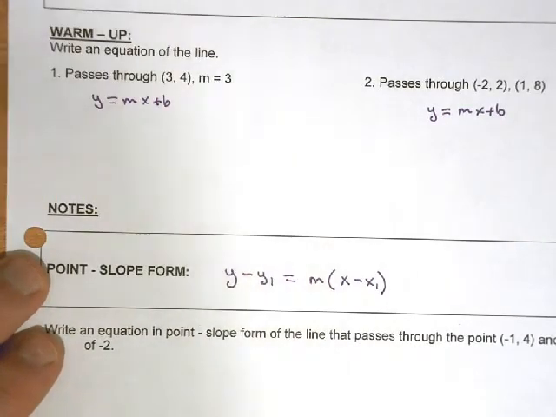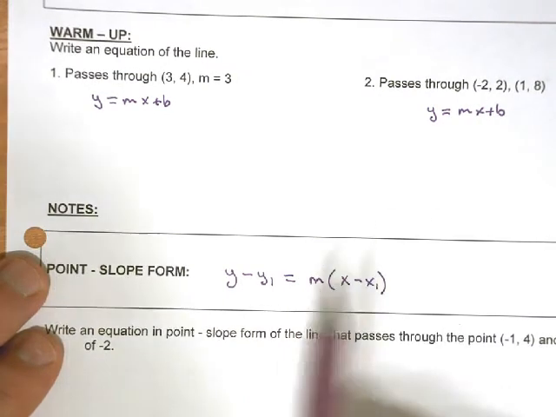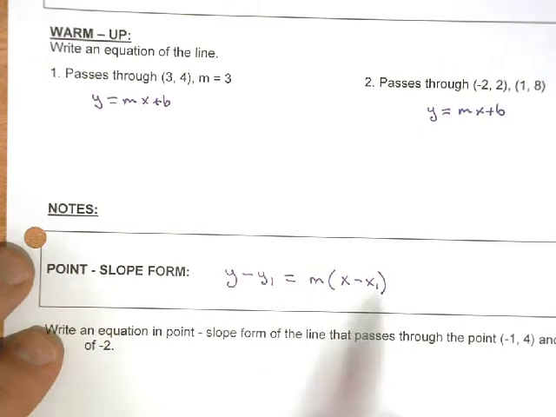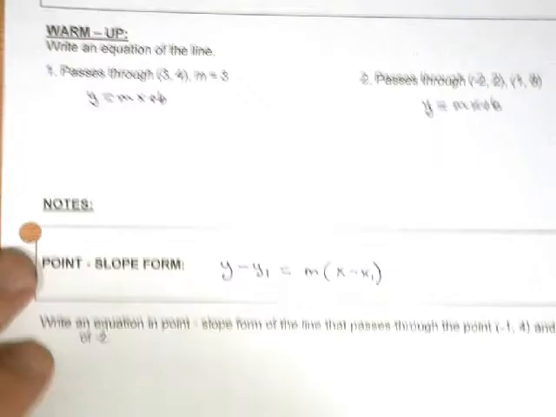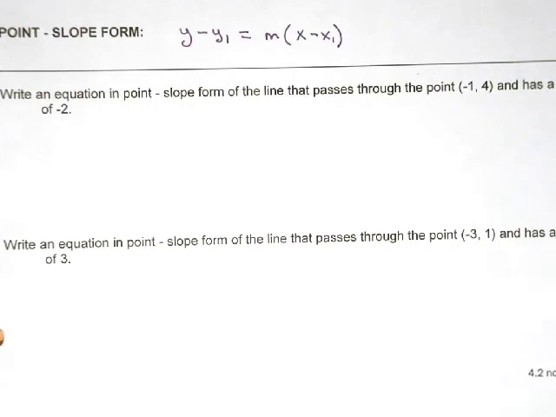We still have a slope part, so that is not going to change. But the form for our points versus our intercepts are going to. So we're going to look at how we can read those, how we can graph those, how we can write lines from there. So start off easy and build up.